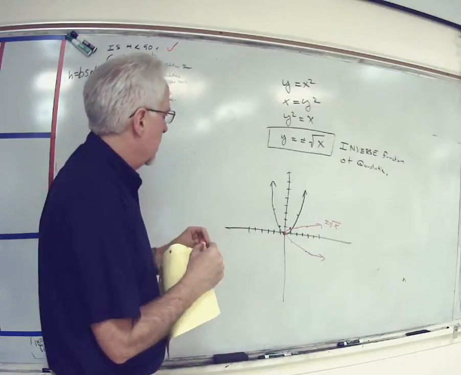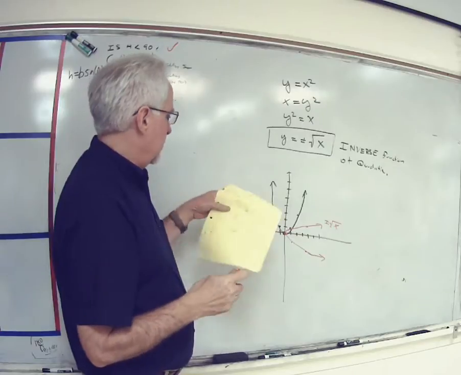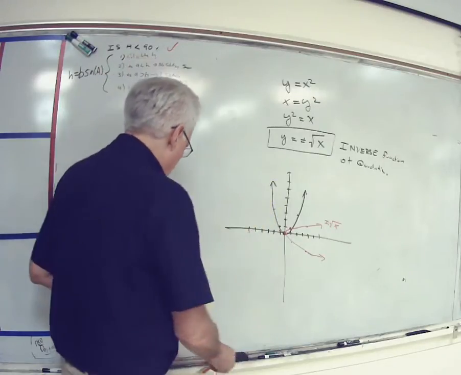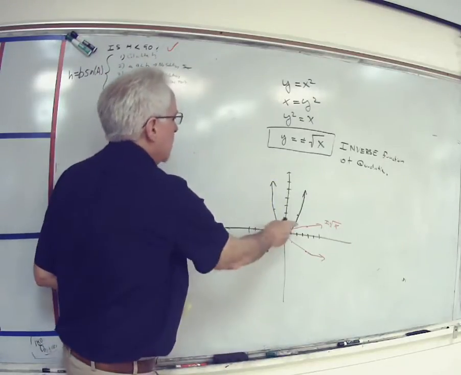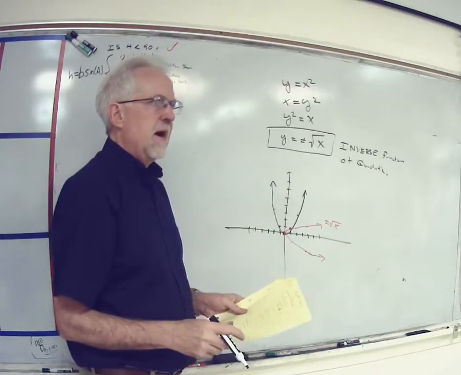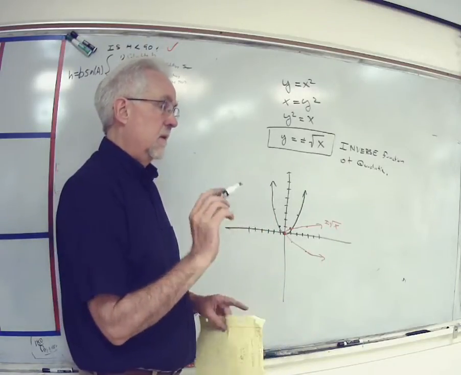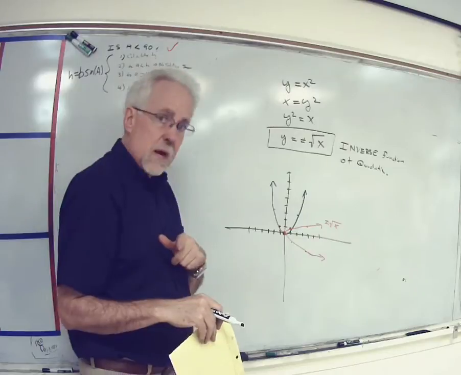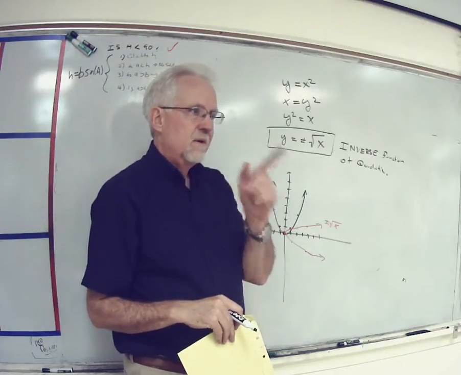What could somebody say if you looked at this? What is the square root function compared to the quadratic? It's turned on its side, that's right. Reflected over y equals x.